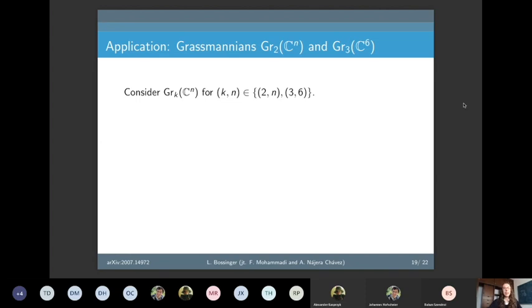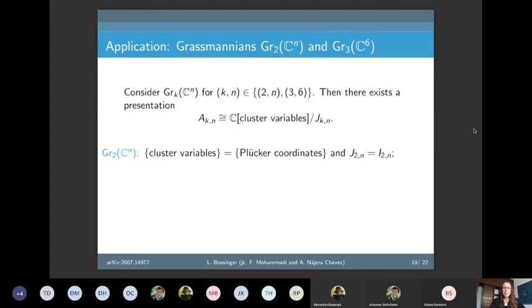So I now take my Grassmannian Gr(k,n), where k is 2 or 3, and n can be anything, or 6, depending on the case. Then I can find a specific presentation of my cluster algebra corresponding to the Grassmannian, as a quotient of the polynomial ring in all cluster variables.